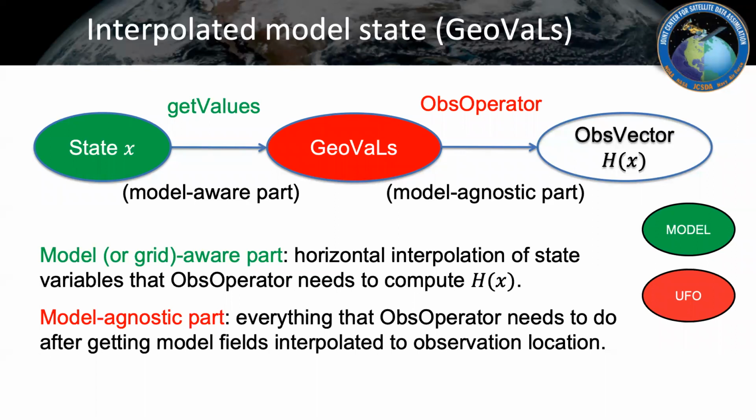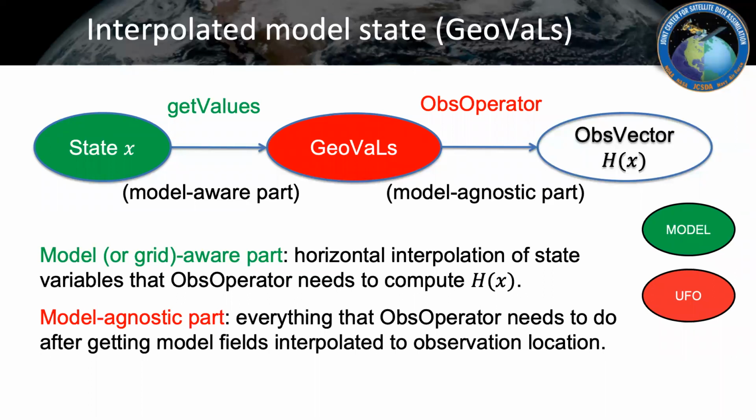There's the model or grid aware part, which actually does the interpolation in the context of the model. Along certain grids, like the grids used in FV3, there are very efficient algorithms for interpolating your data, but you might also have a model closer to, say, MPAS, where it's a lot harder to do this. So on that side of GeoVals, it's model aware or model specific.